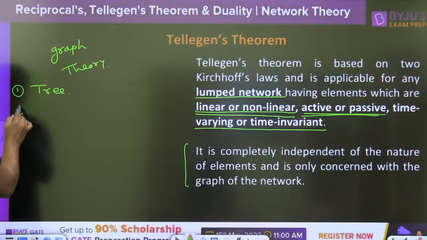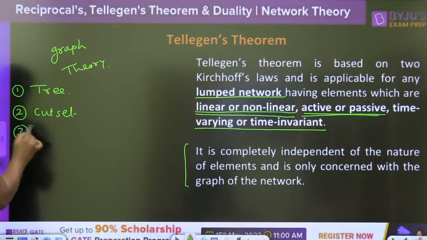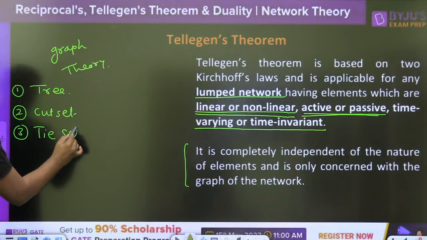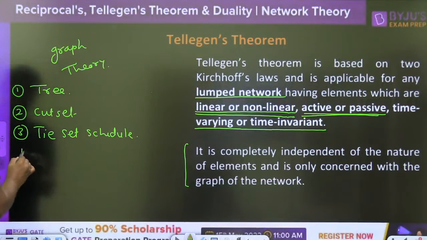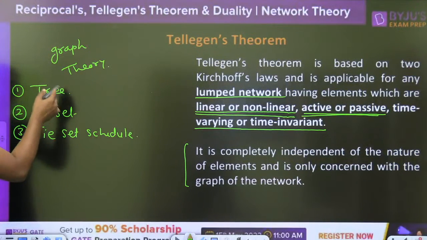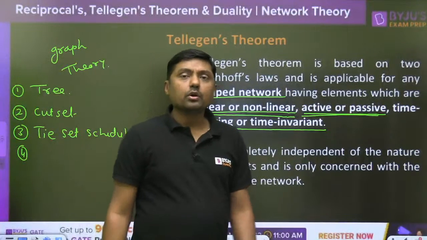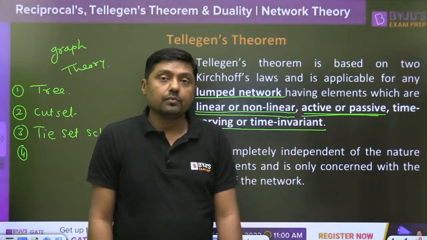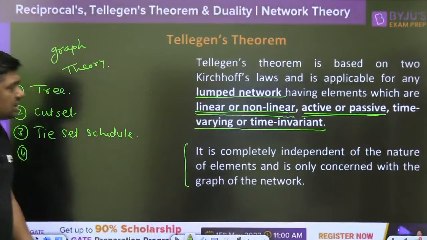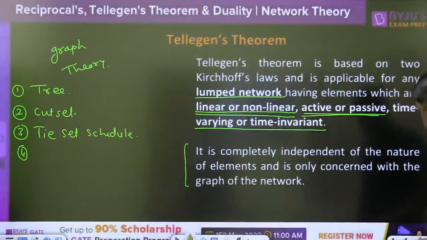We also learn about the tree, cut set schedule, tie set schedule, different equations, number of branches and loops and so on. So this is the tree, cut set, tie set, link, chord. These are the important parameters in graph theory. Okay, that is Tellegen's theorem. Now I think you are ready to solve some questions, everyone.